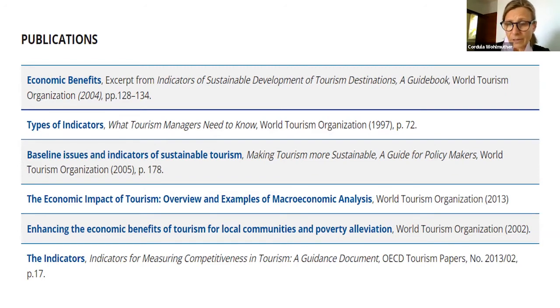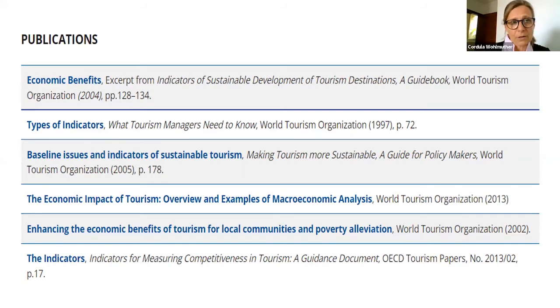There are several hundreds of indicators available in several issue areas, but also other UNWTO publications on indicators on measurement issues, as well as the last one that you can see here from the OECD. So all these listed publications we consider relevant when you're dealing with the topic of measuring economic benefits in a destination or a community.